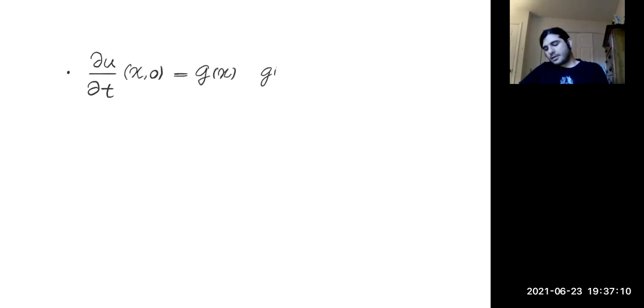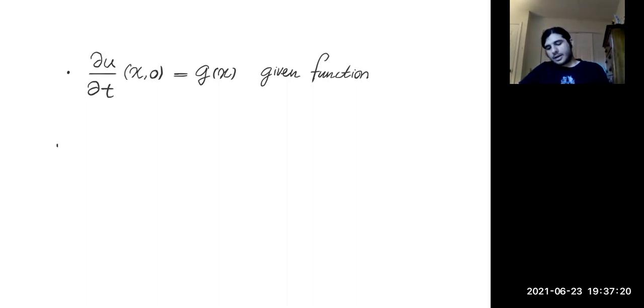What does the other initial condition tell us? The other initial condition we had was the function describing the derivative of u with respect to t at time t equals 0. We were assuming this is equal to g(x) for some given function g.